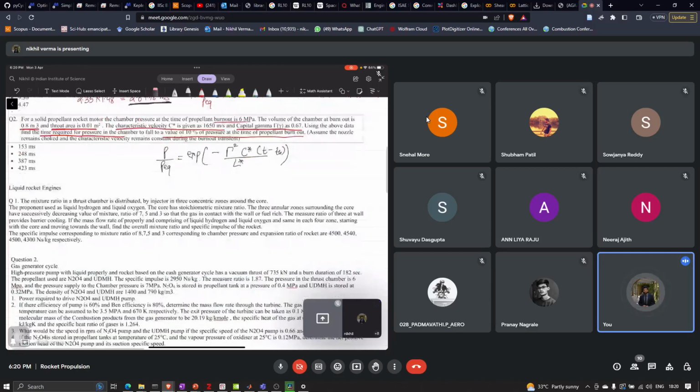Okay. So if you plug in these values, this is 0.1, this is the exponent, this is 0.65 square. L star we don't know, but we know the volume at the time of burnout, and also we know the throat area. So L star is the volume divided by the area. Volume is 0.8 divided by 0.01, which is 80 meters.